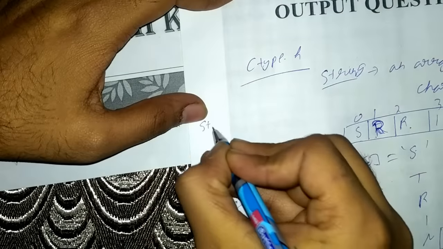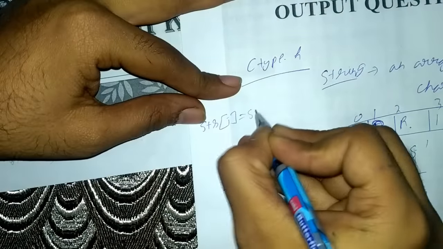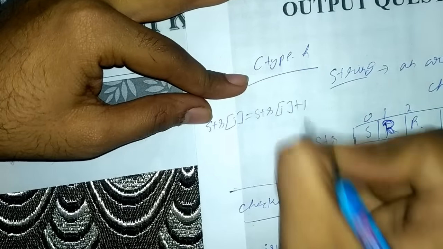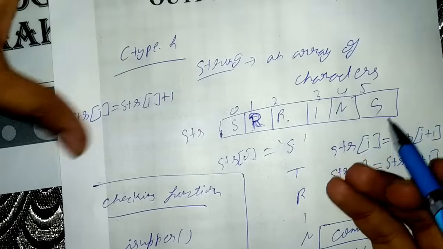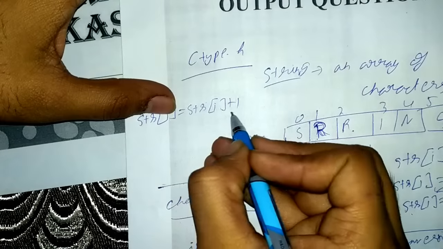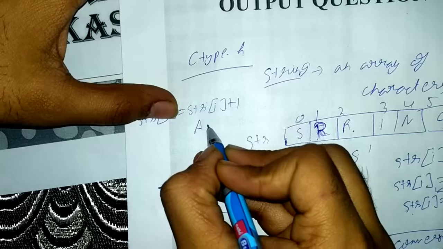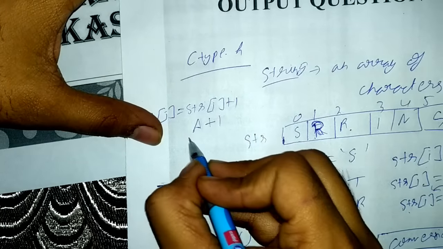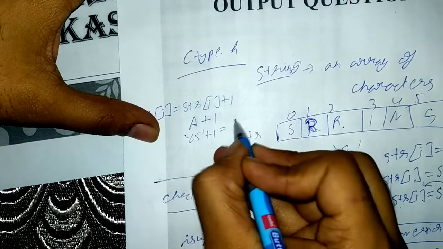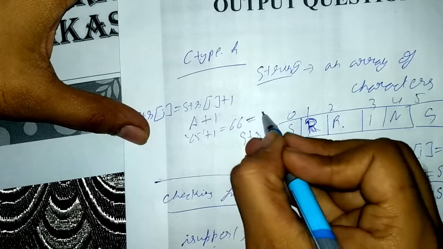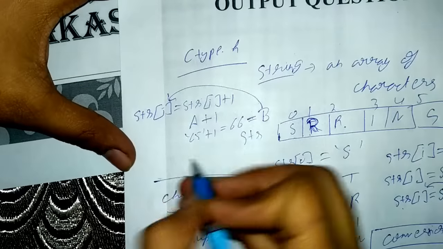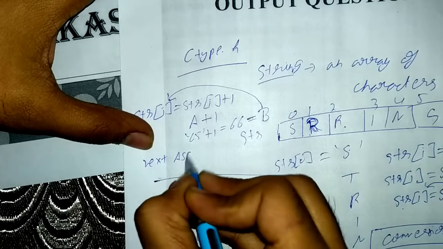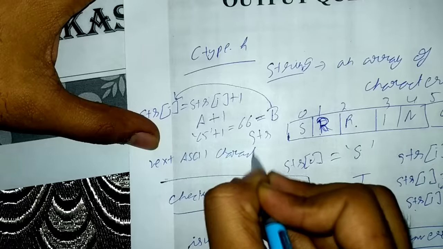Or the second variation will be like str[i] = str[i] + 1. Like take the value of str[i] as A. If it is A, that means A plus 1. Now A is ASCII code 65, plus 1 equals 66, and 66 is the ASCII code of B. So str[i] will be assigned B, the next ASCII character.